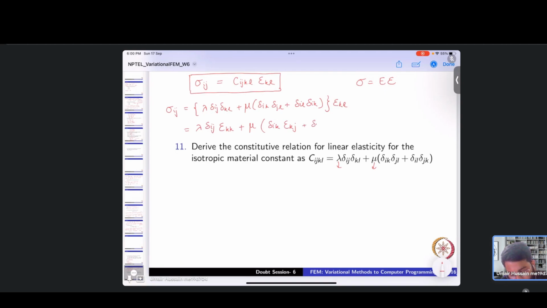And for the second term, we have delta il, so k can be replaced by l.